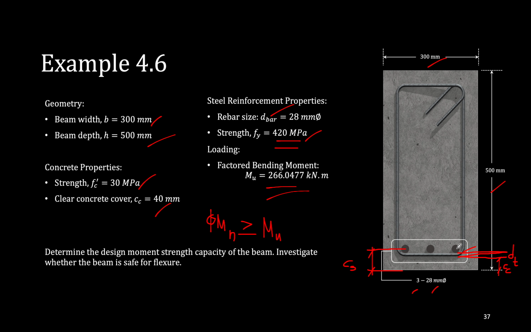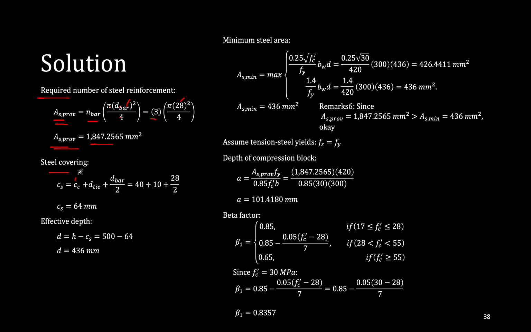And then sa centroid ng bakal natin dito, that is equivalent to bar diameter divided by 2. So C_C plus diameter ng tie plus diameter ng bar divided by 2. Yung C sub C natin is 40, diameter ng stirrups is 10, bar diameter natin is 28 divided by 2. So yung steel covering natin is 64 millimeters.